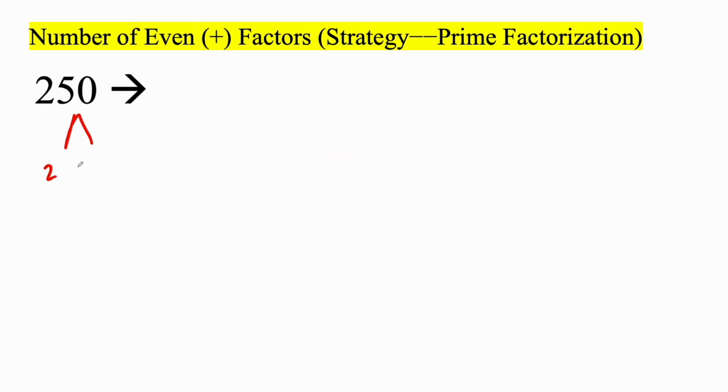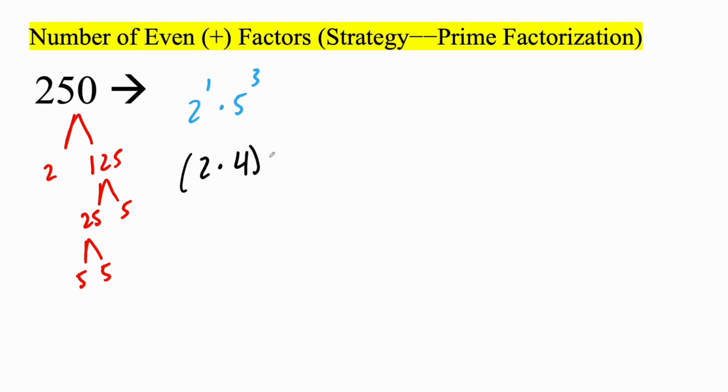Now for 250. 2 times 125. We can also do 25 times 5. And we can do 5 times 5. And so we have 2 raised to 1 times 5 raised to 3. To get the total number of positive factors, we do 1 plus 1 is 2, times 3 plus 1 is 4. So 2 times 4 is 8.